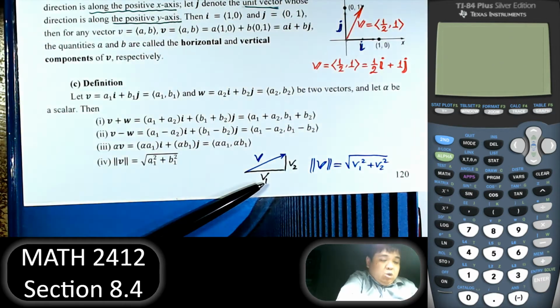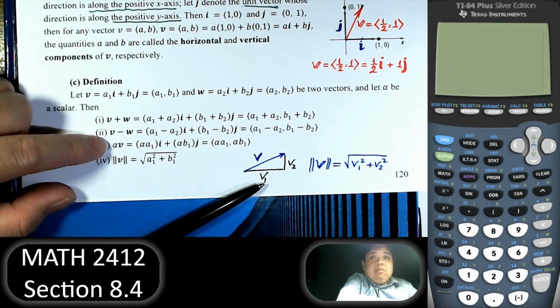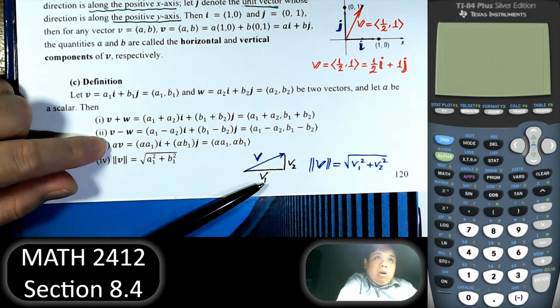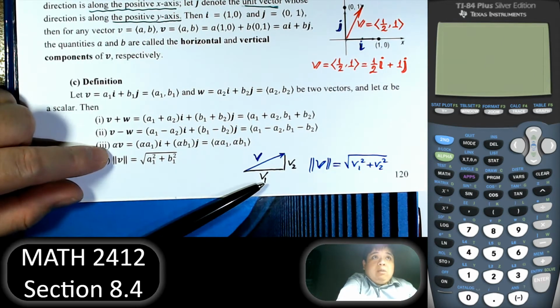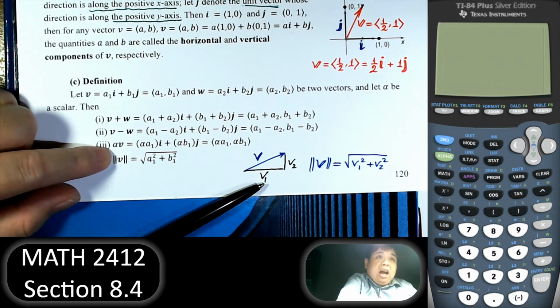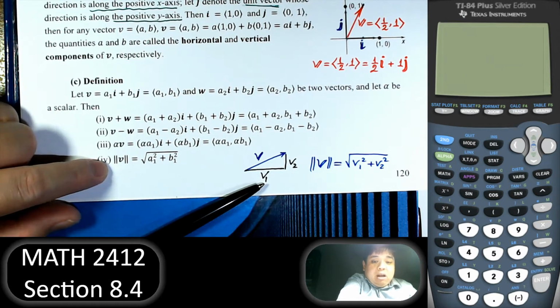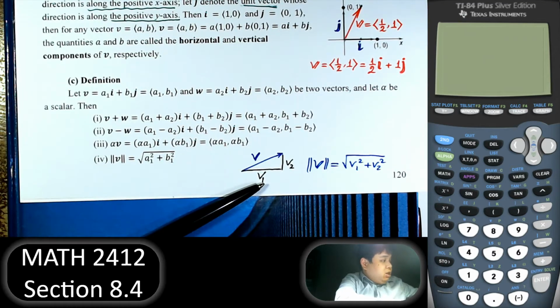So the square root of the sum of the squares of the components. So once again, adding vectors, we add component by component. Multiply a number to a vector, multiply that number to every component of the vector, and the magnitude is given by the Pythagorean theorem.